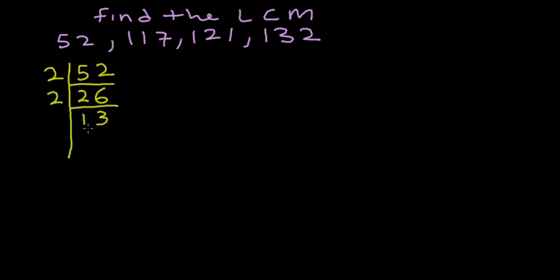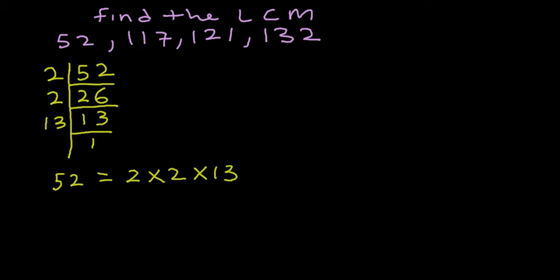So you keep on moving on until we get to 13. 13 is the only number that can divide 13 without a remainder. So 13 divided 13 is 1. So the prime factorization for 52 is 2 times 2 times 13.